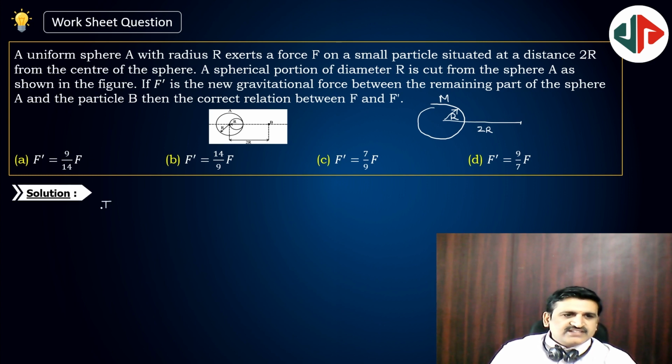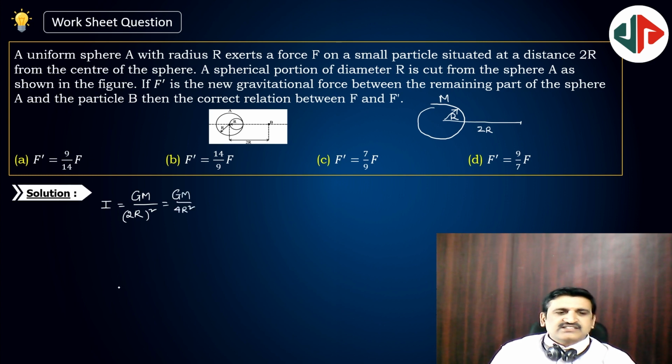I is equal to, that is nothing but acceleration due to gravity only, that is GM by (r plus h) whole square. The center to center distance is 2r only, so I can take directly r plus r, so 2r whole square. So this is clearly GM by 4r square.